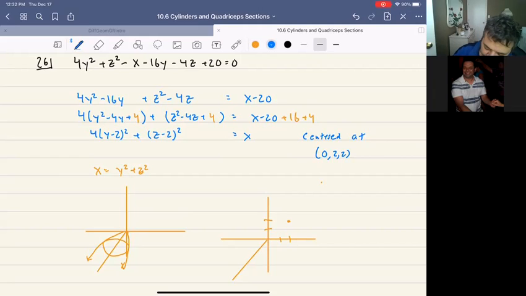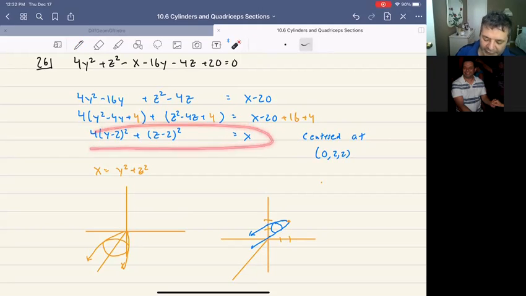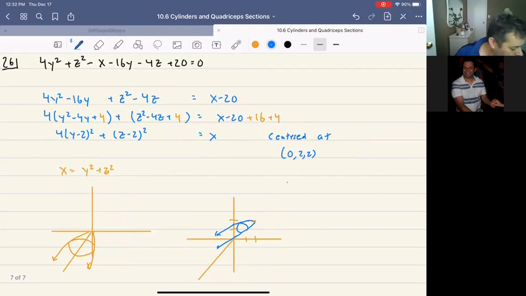It's going to go a little more in the y, but I'm not really going to be asking you to do that. It's going to be more narrow in one direction than in the other. Really what I'm concerned with is, can you find the formula and identify it? So this is an elliptic paraboloid.